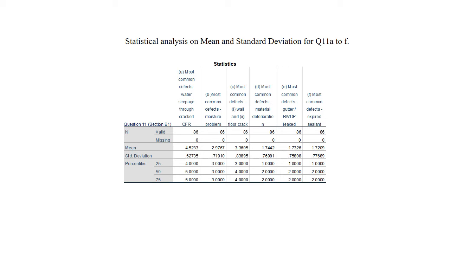B is the common defect of moisture problem. C is wall and floor cracks. D is material deterioration. E is the gutter and rainwater downpipe, RWDP, and the last one, F, is expired sealant. You can take a look in the paper at the distribution of the mean and standard deviation for each of the cases.